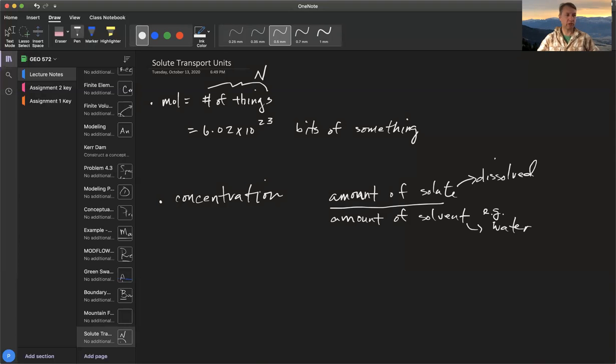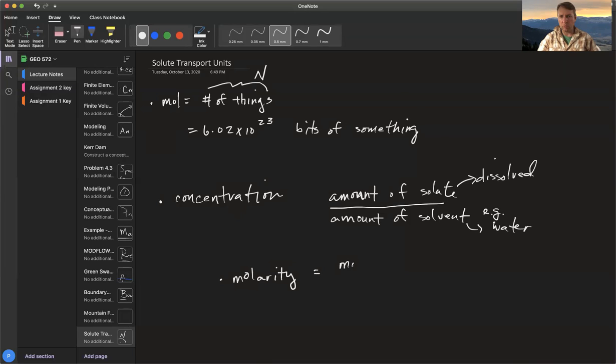Okay, so concentration, we're most commonly going to measure two ways. So one is molarity.